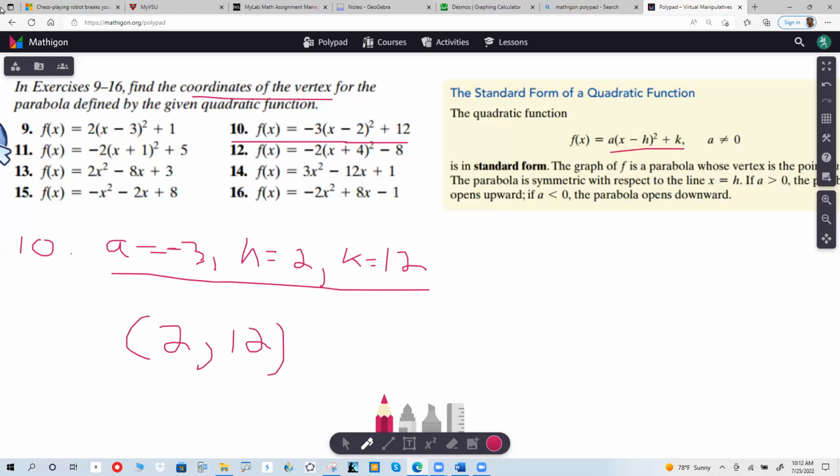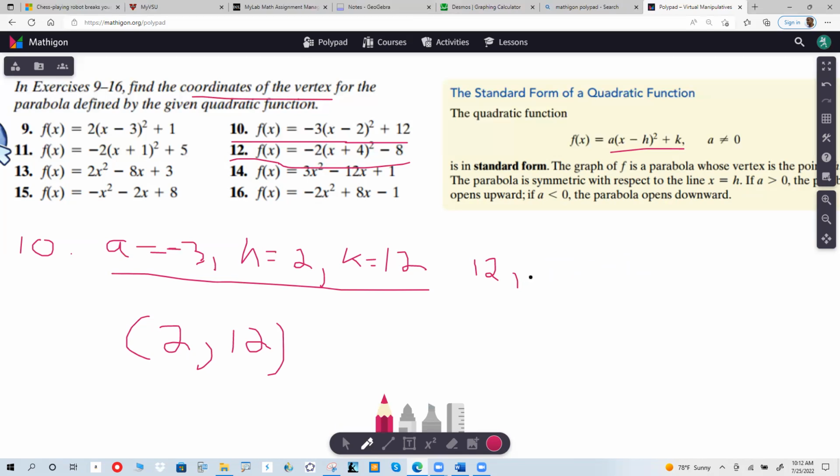Let's try number 12. So how do we do number 12? It is negative, and I'm going to check my answer on both. Give me 1 second, okay? It is -2, but I want -h, so let me write number 12 properly.